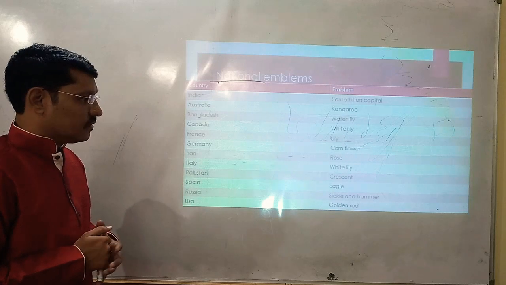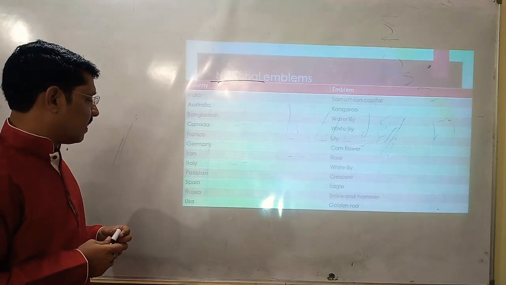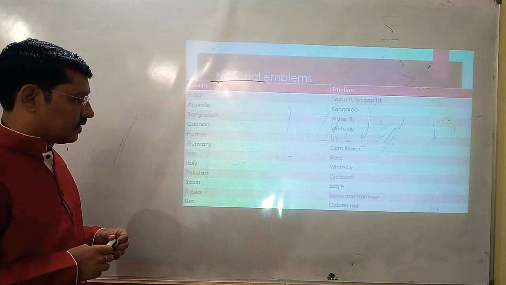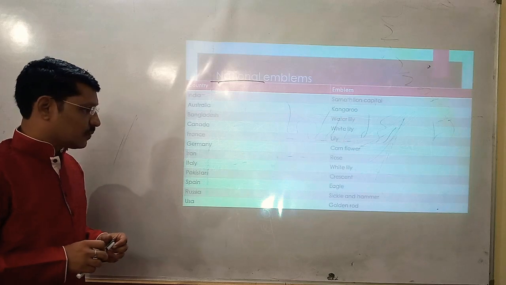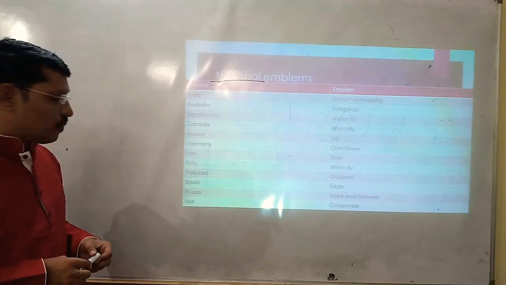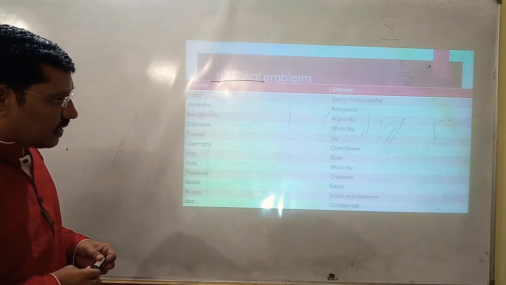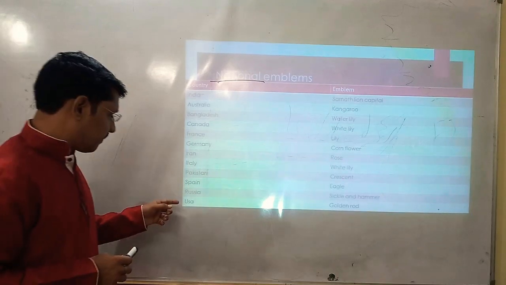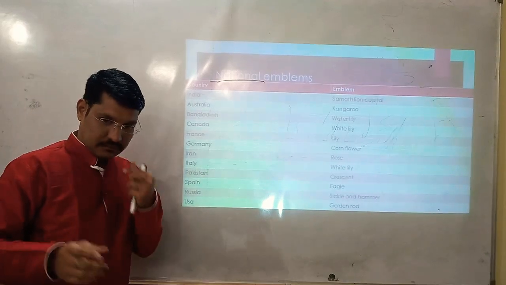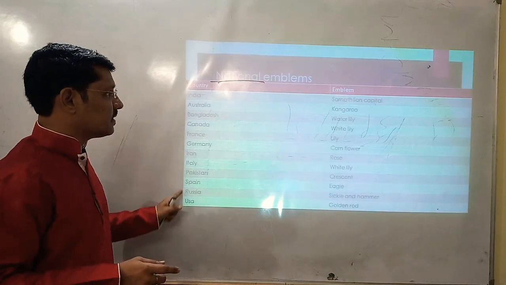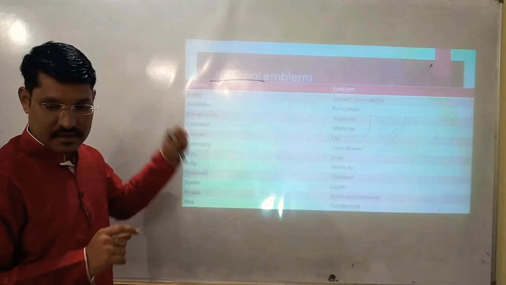Then Iran, rose. Italy, white lily. Pakistan, crescent. Spain, eagle. Russia, sickle and hammer, and USA, goldenrod. These are all the other countries' national emblems as well as our country's national emblem.